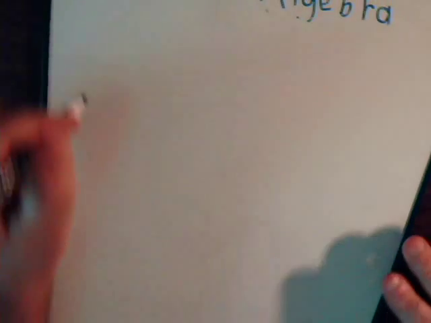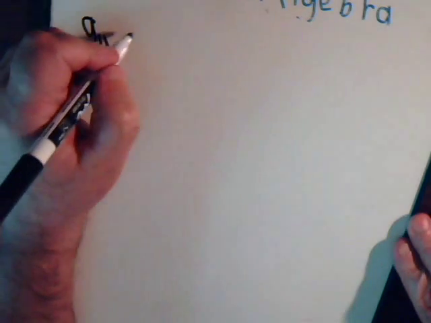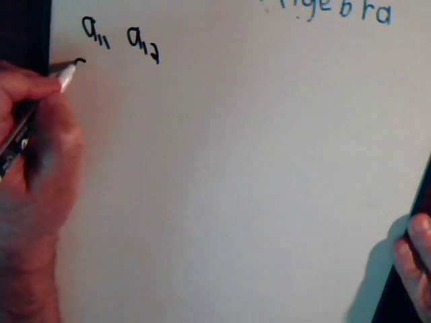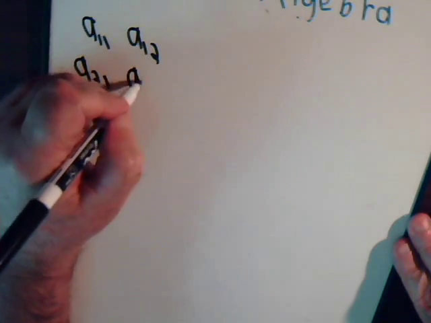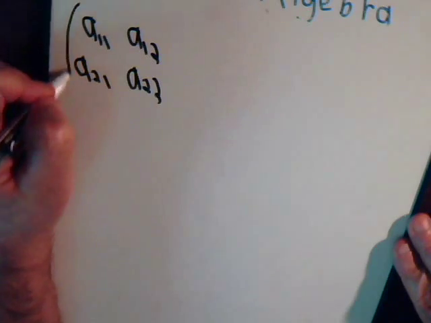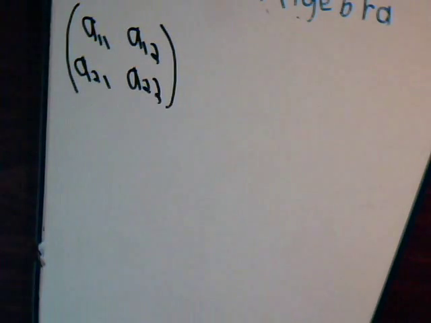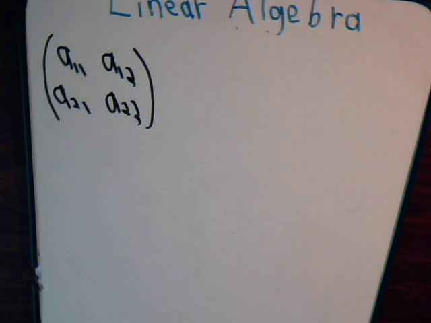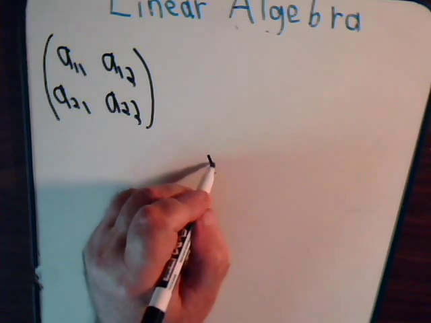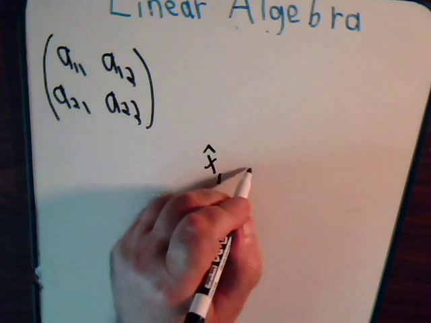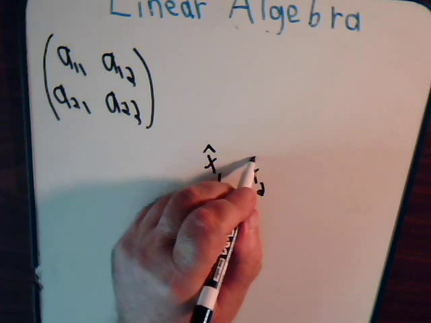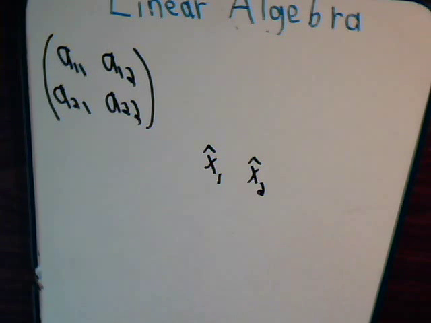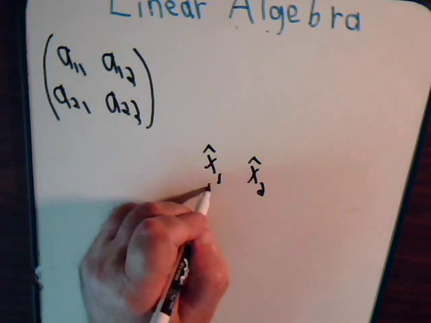So let's say that we had a matrix like this, a 2 by 2 matrix, and this matrix had 2 distinct eigenvalues. Therefore it has 2 distinct eigenvectors, and we'll call them x1 and x2, and each one of course will have 2 different components.